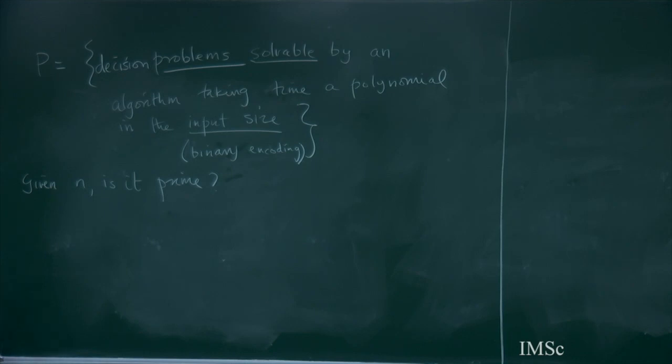Given an integer, I want to test whether it's prime. Yeah, so test from 2 to n minus 1. Okay, you can do slightly better. 2 to square root n is also enough, right? Why is root n enough?